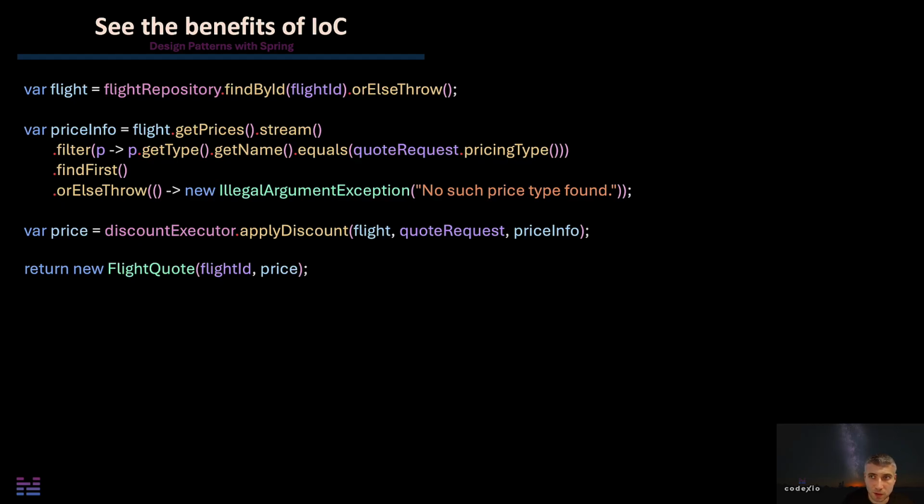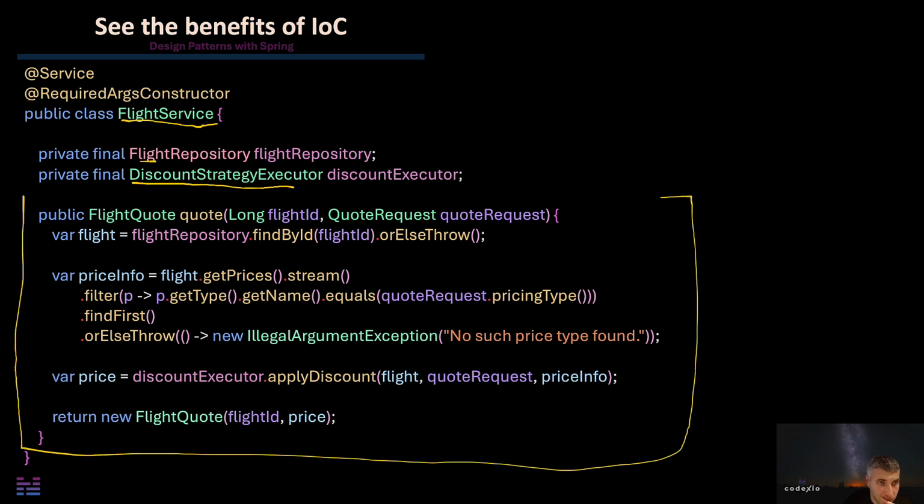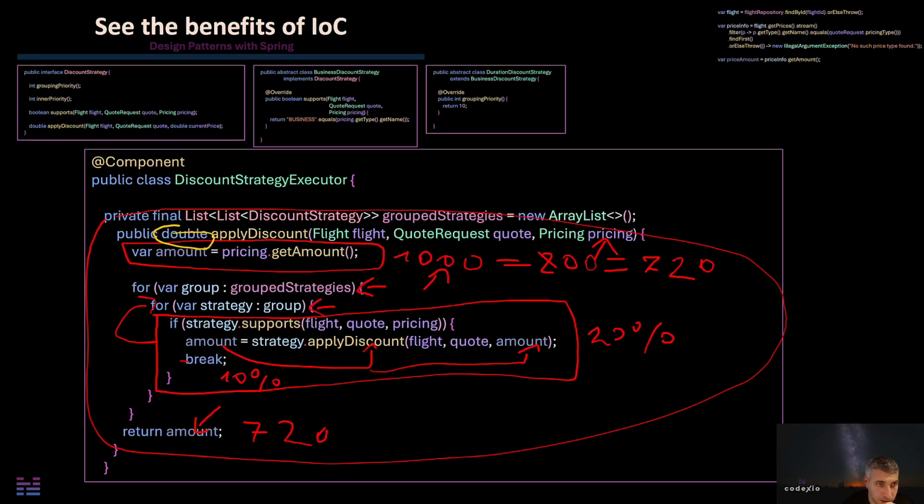Okay, how does this work inside the whole class, the service or whatever it's doing? Let's say it's a flight service. Our flight service has a flight repository and the discount strategy executor. And this discount strategy executor will be directly hydrated by the Spring inversion of control framework, and what will happen after that is that the discount strategy executor will receive the list of all rules, and all the rules will then be grouped in the constructor, as we saw before.